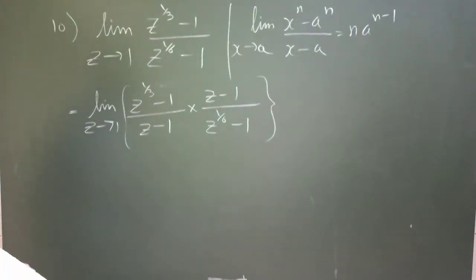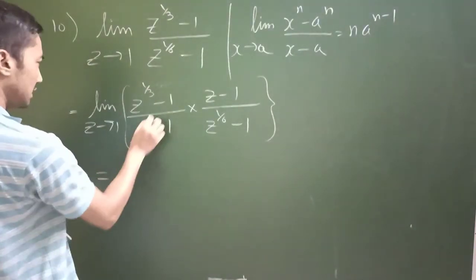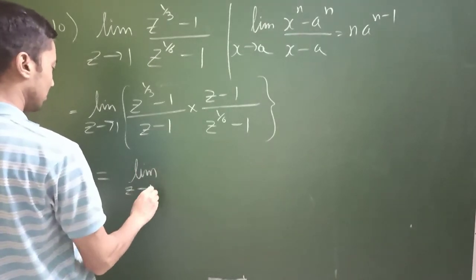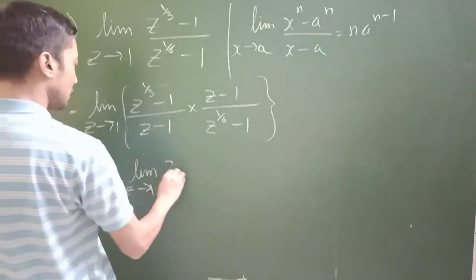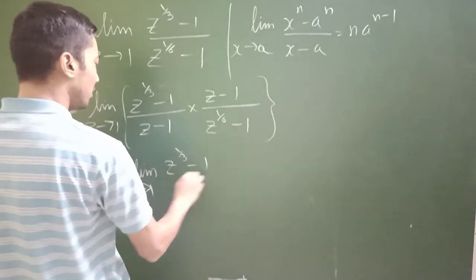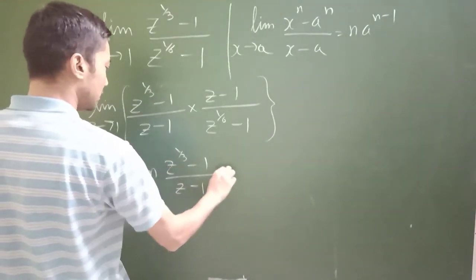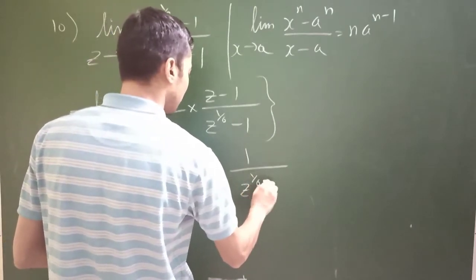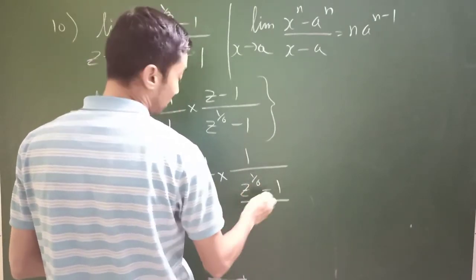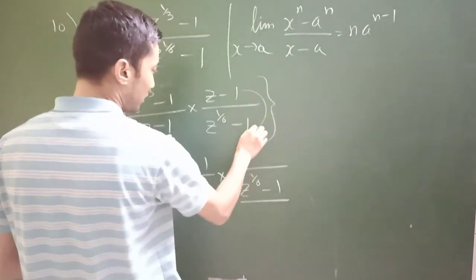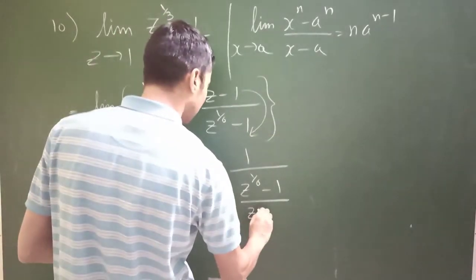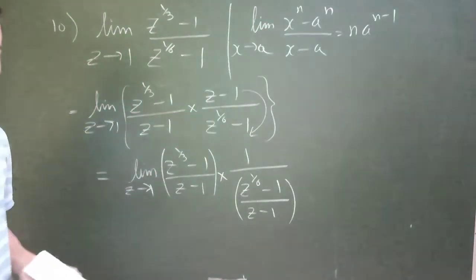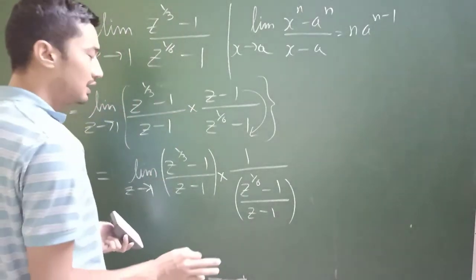So it's a little bit more arrangement that I'm going to do, that is into 1 divided by (z power 1 by 6 minus 1) over (z minus 1). This I'll be bringing down to the denominator. So I guess so far that's alright, isn't it?